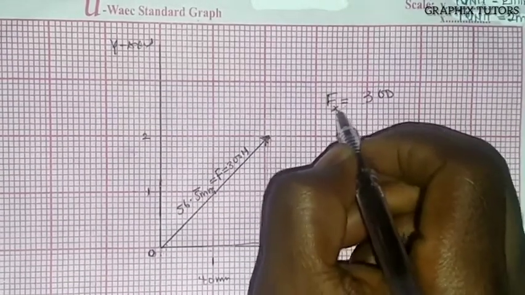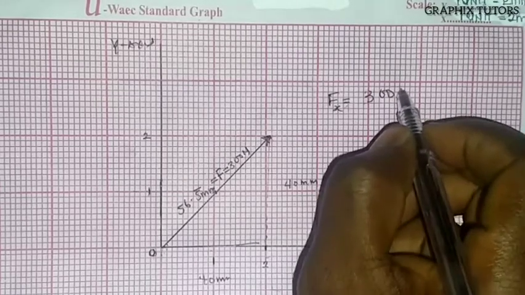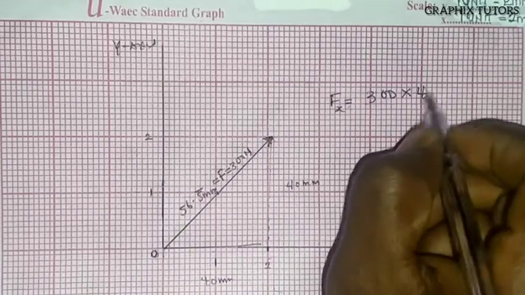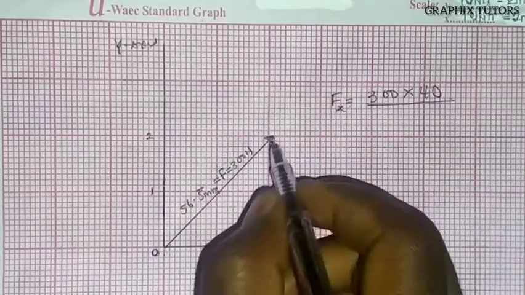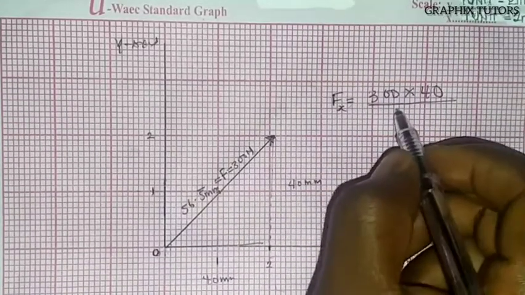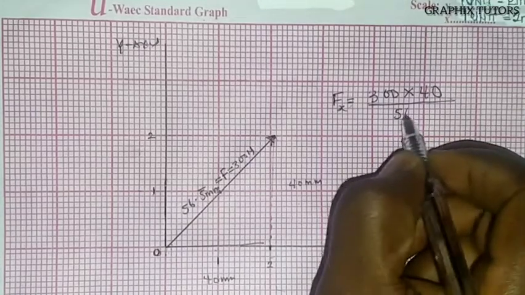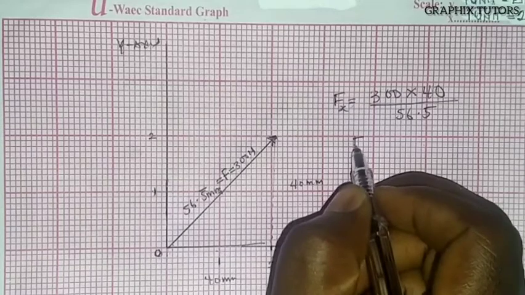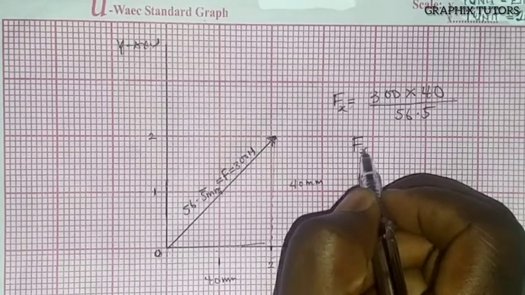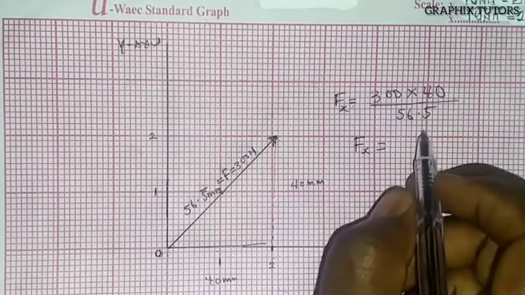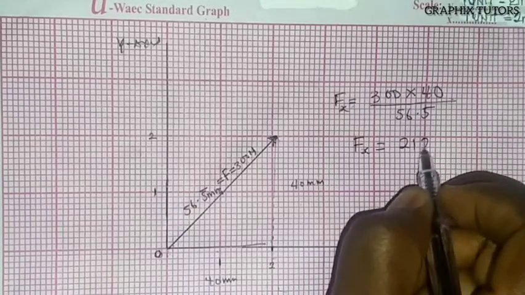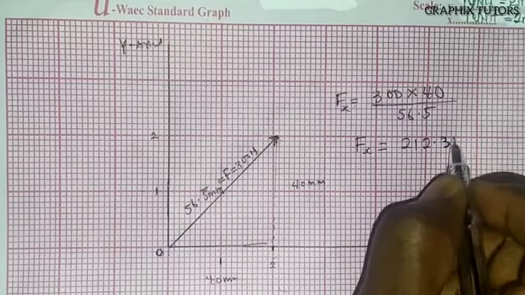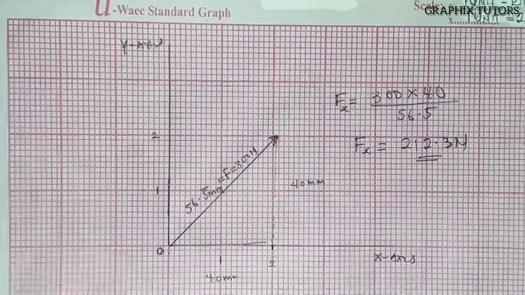The force along x-axis will be the 300 multiplied by 40 divided by the force here, which is 56.5. So in the long run, my force along x will give me 212.3 Newton. So you can use your calculator and press that.